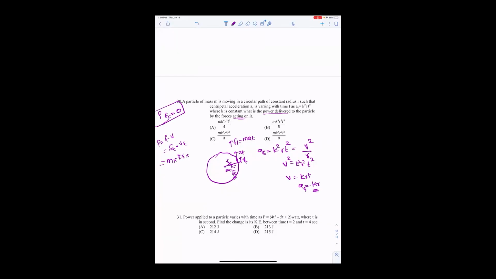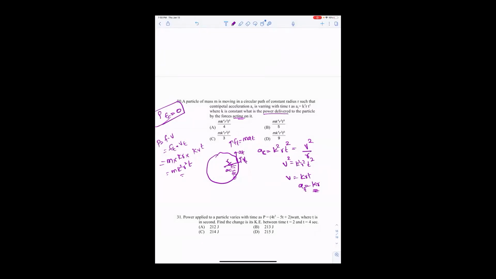Now what is velocity? Power delivered to the particle by the forces acting on it. Instantaneous power is m k square r square t. This is instantaneous power.